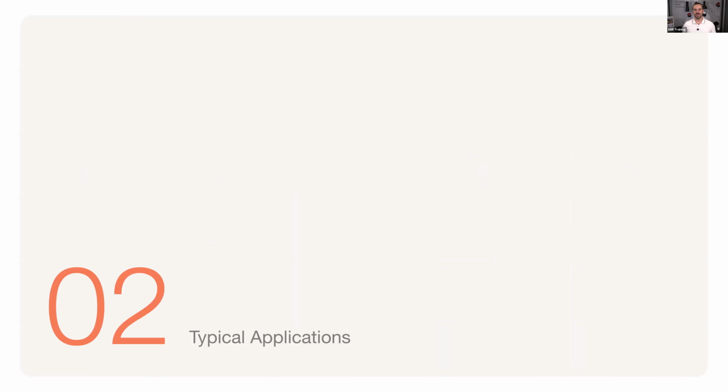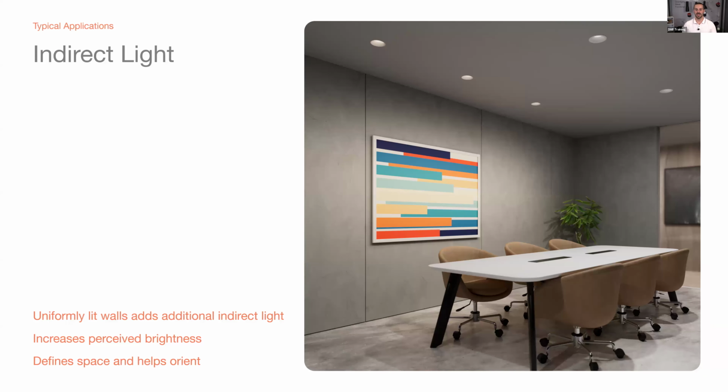Next we'll look at some typical applications, places where you might see these put to use. One is really to add indirect light into a space. Uniformly lit walls really add a layer of indirect lighting.